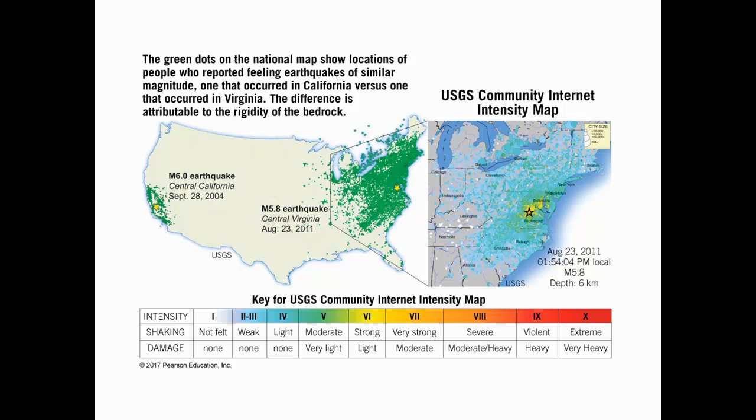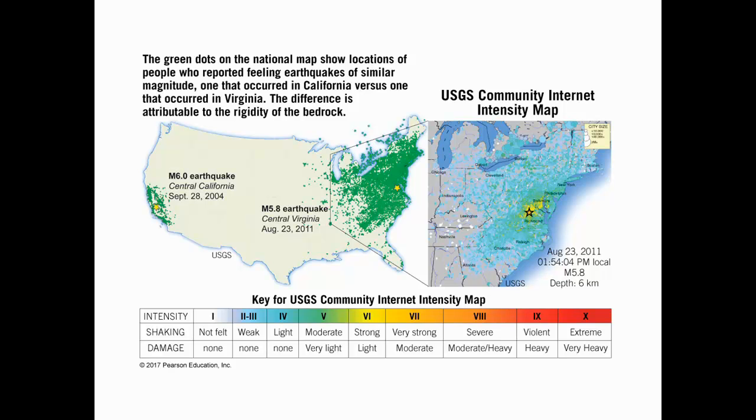And the difference is attributable to the actual rigidity of the bedrock. The bedrock within the eastern states was such that the magnitude was felt over a much larger area, basically.